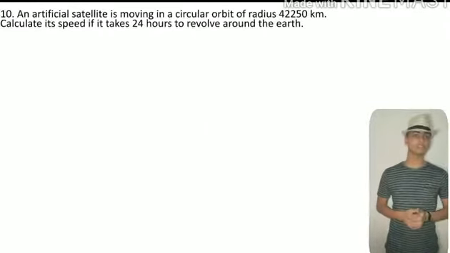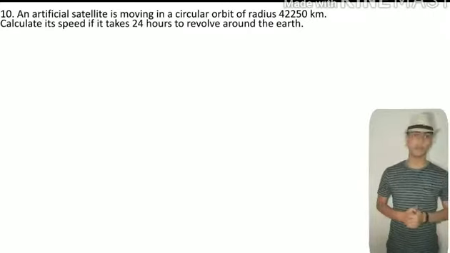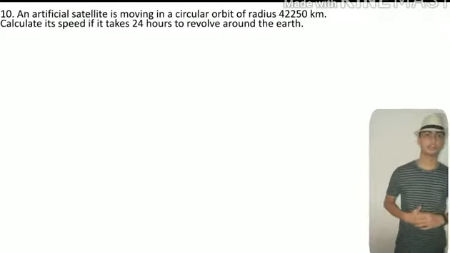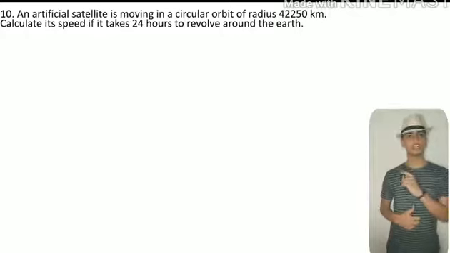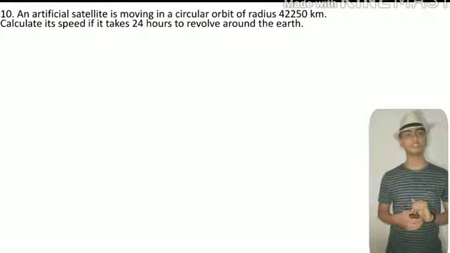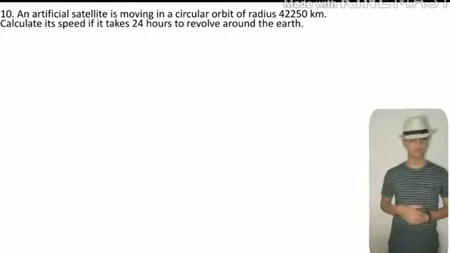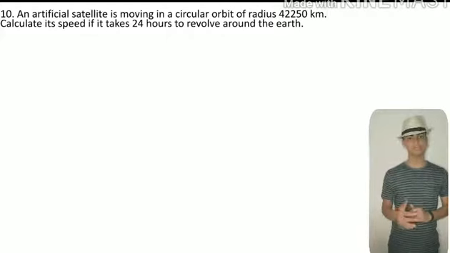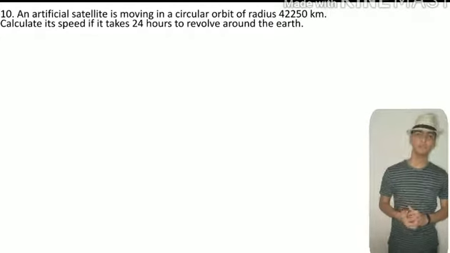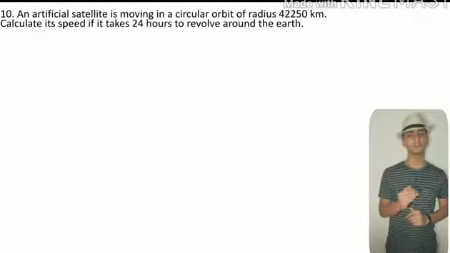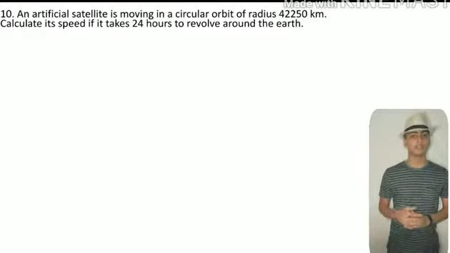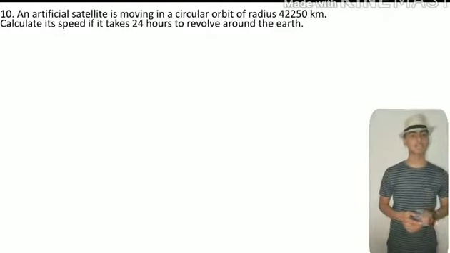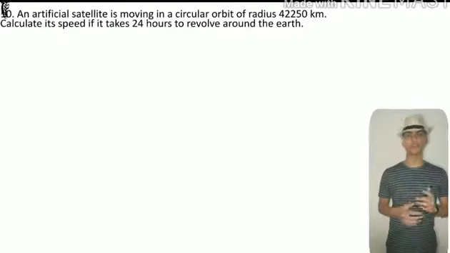Now let us consider a question on the relation of the velocity of uniform circular motion. An artificial satellite is moving in a circular orbit of radius 42,250 km. Calculate its speed if it takes 24 hours to revolve around the Earth.